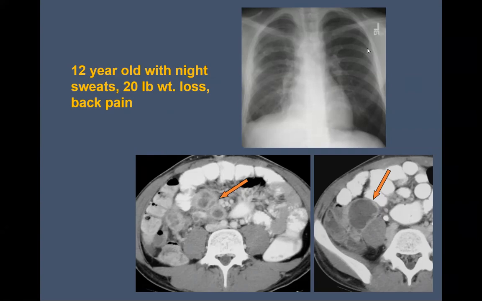I wouldn't recommend very frequent interval chest x-rays because you're probably not going to see a lot of change. And if you do see a little enlargement of the lymphadenopathy, that doesn't necessarily mean that your treatment is unsuccessful, because that can just be the natural progression of the disease in many cases.